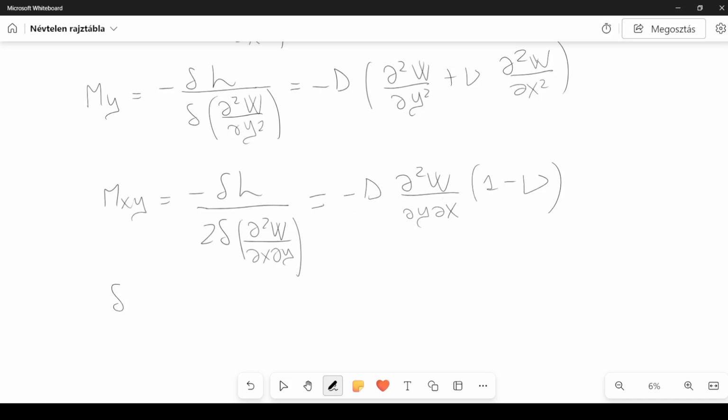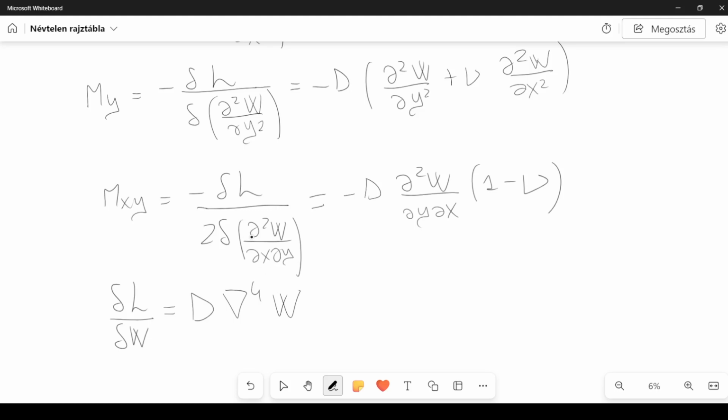And finally, you can also calculate the change in L with respect to w, and let me use proper terminology, dw like this. Now, if you check the steps that we did in the first lecture on the classical theory of plates, we can find that this is equal to D times nabla to the fourth w.